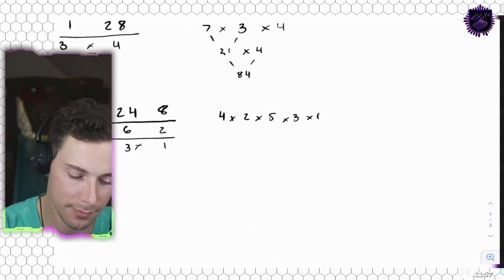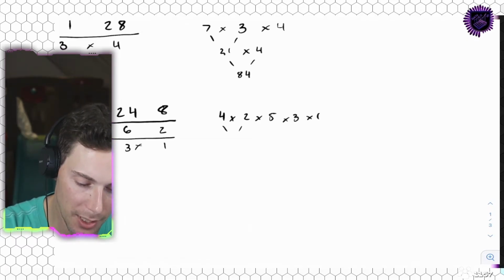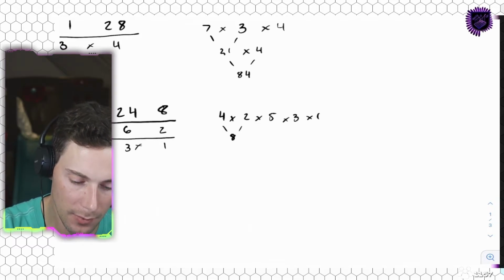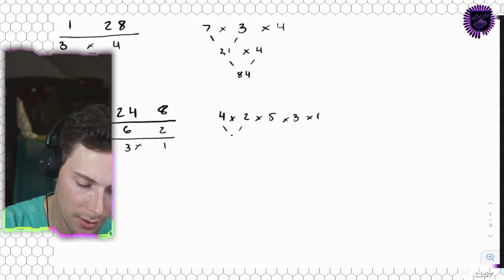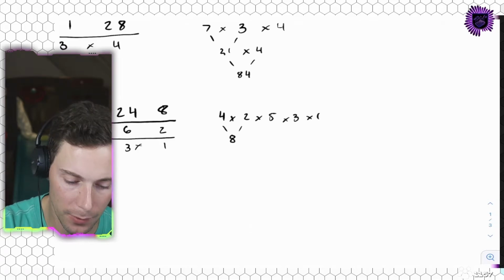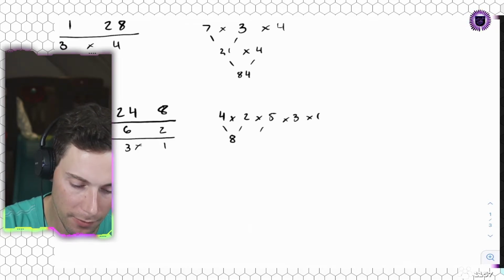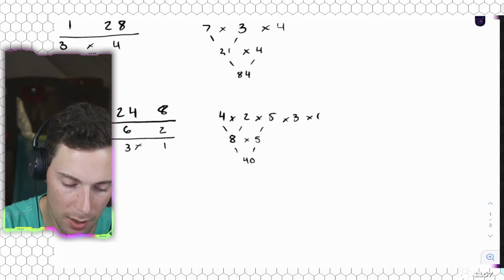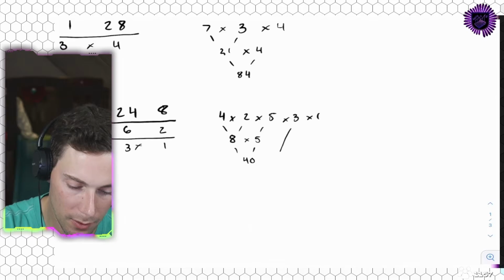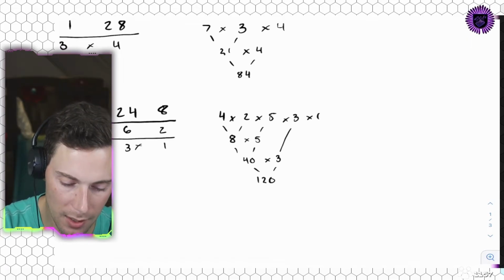It's important. This is going to be 8. And then we'll drop down our 5, and this is going to be 40. And we'll drop down our 3, and this is going to be 120.